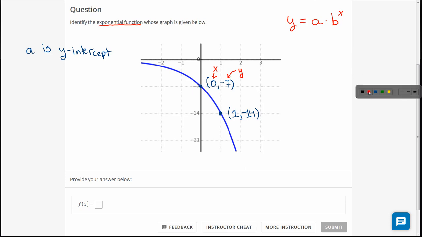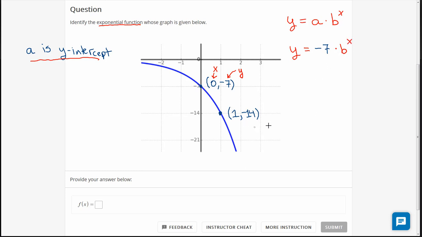One way is to have read the section and remember that a is always the y-intercept, and the other way is just to use some algebra, plug in some numbers. So we now know that our function is y equals negative 7 times b to the x. So we're halfway there. We just have to figure out what b is.